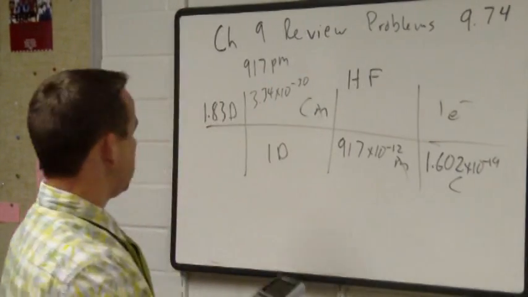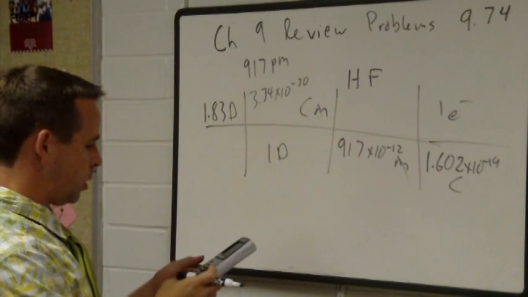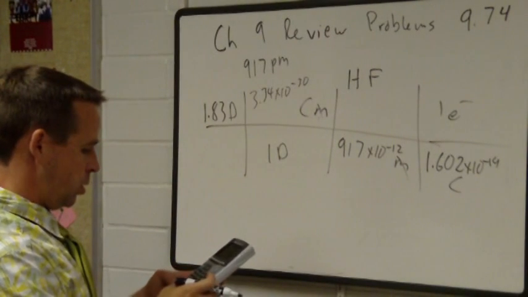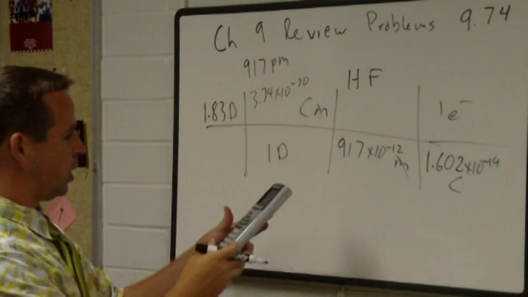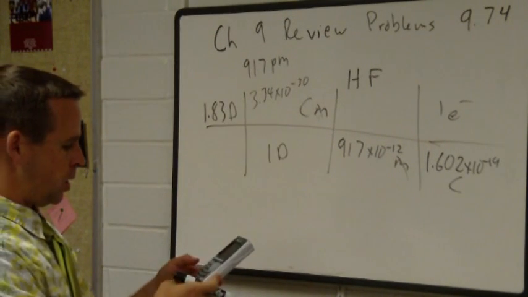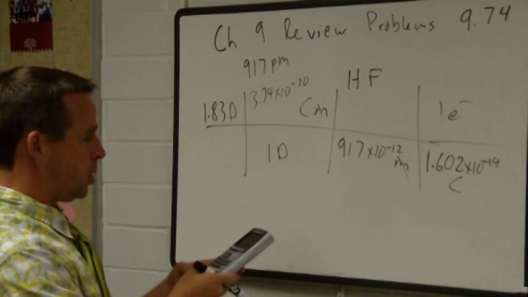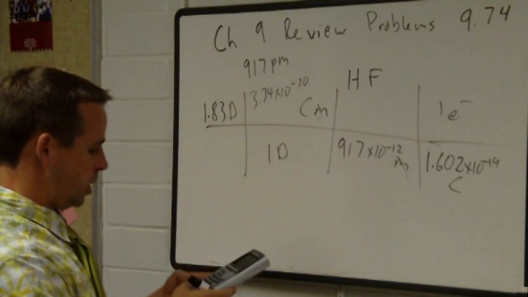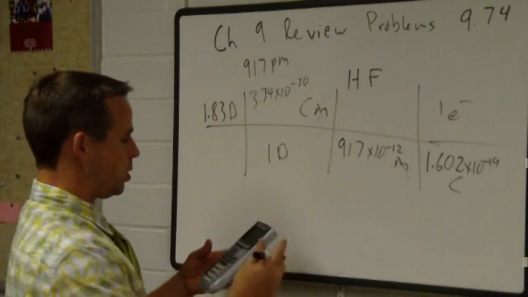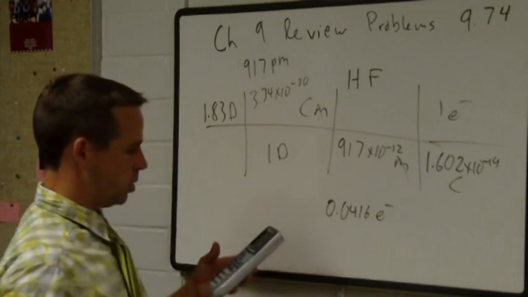Okay, so we have 1.83 times 3.34 times 10 to the minus 30 divided by 917 times 10 to the minus 12 divided by 1.602 times 10 to the minus 19. All right, so the answer is 0.0416 electrons.